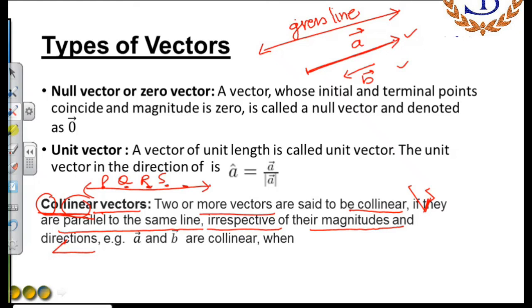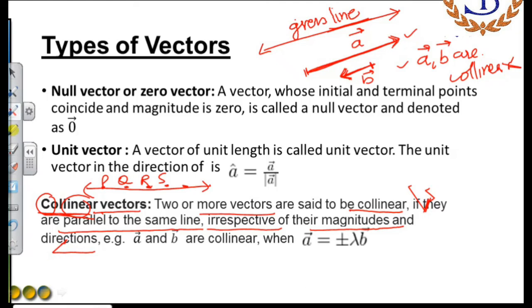See, here the magnitude is this, and here it is of negative direction or opposite to A, and the magnitude is very small in comparison to this A vector. Here these two vectors are of different magnitude and having different direction, but these are parallel to a given line. That's why A and B are known as collinear vectors.